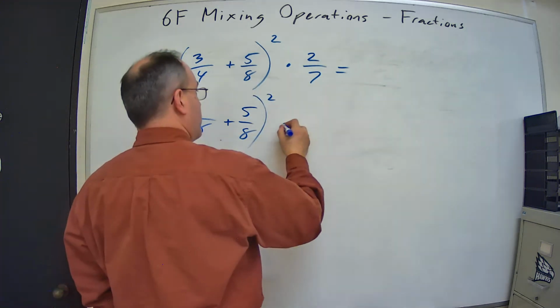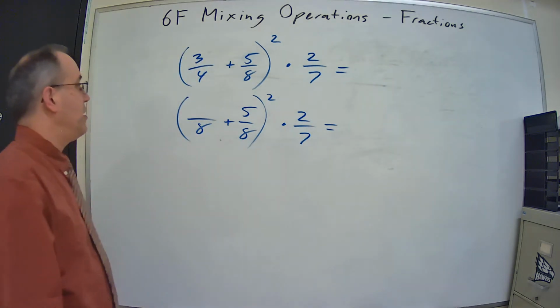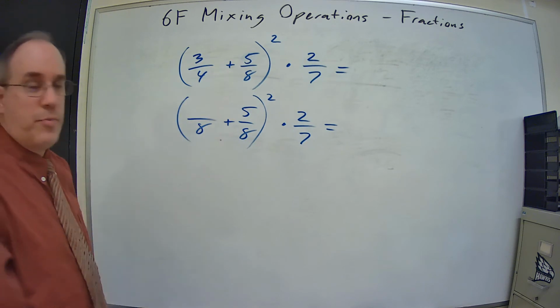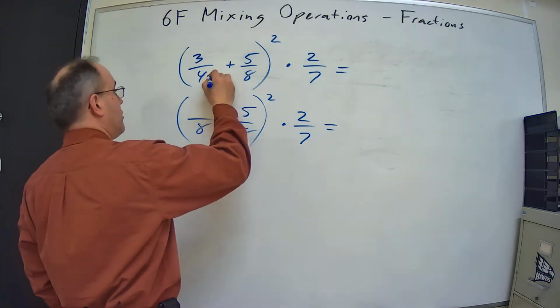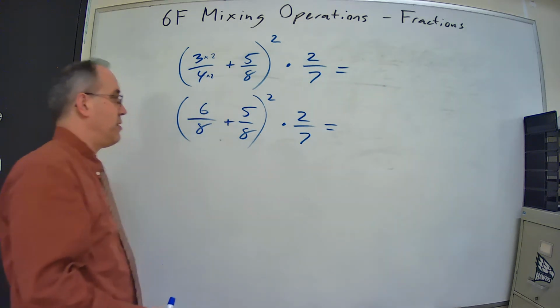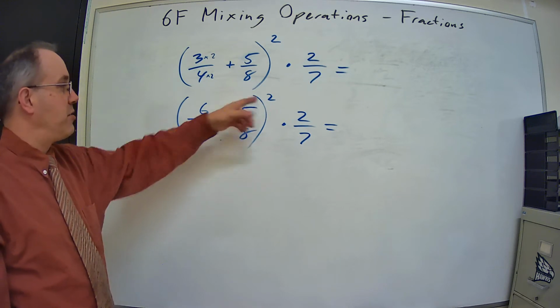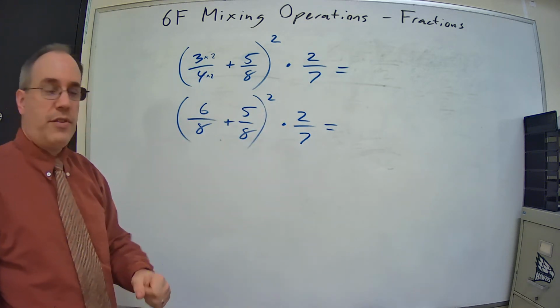I get 2 times 2/7. So 4 times what gives me 8? 4 times 2. So I'm going to take 3 times 2 gives me 6. So now I have 6/8 plus 5/8 squared times 2/7.